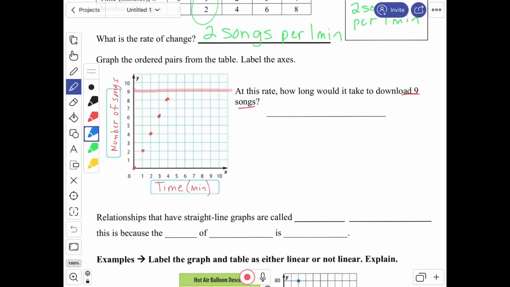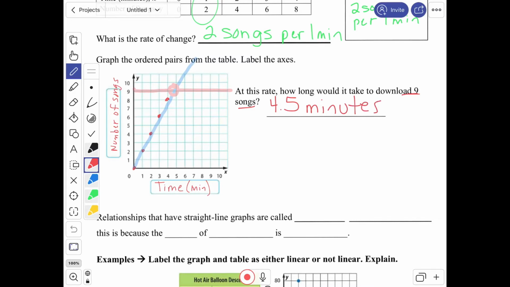If our pattern continued, if I connected those dots, let's see if I can do it straight, about where would it cross the 9 songs? Kind of right there. That would be about 4.5. So it would take about 4.5 minutes to download 9 songs.